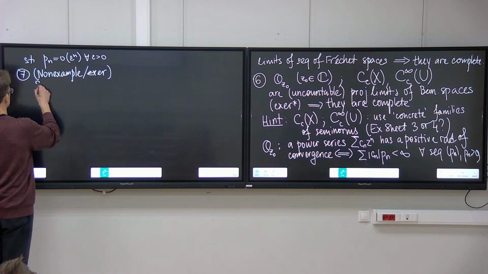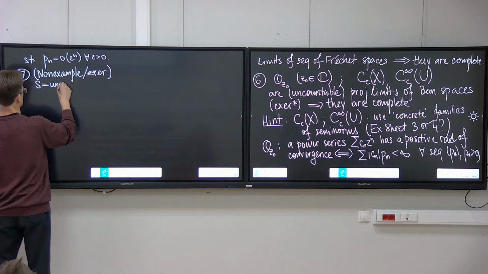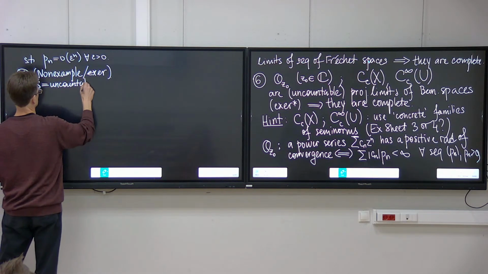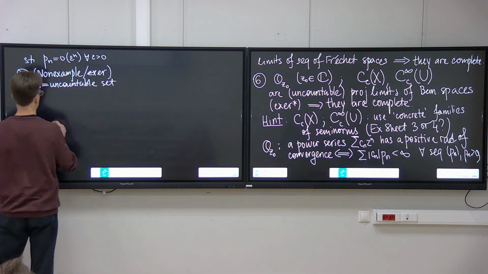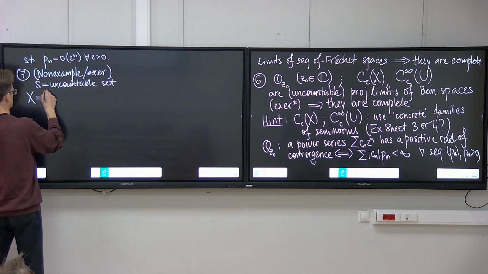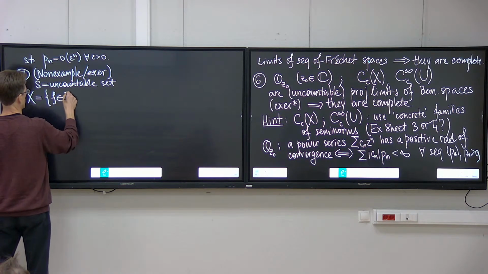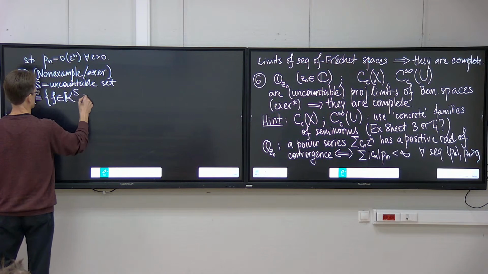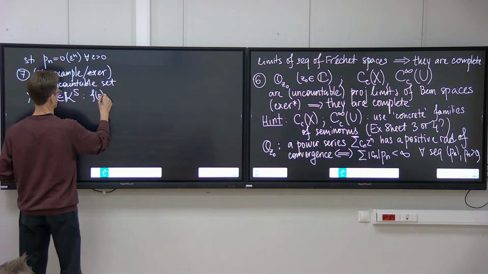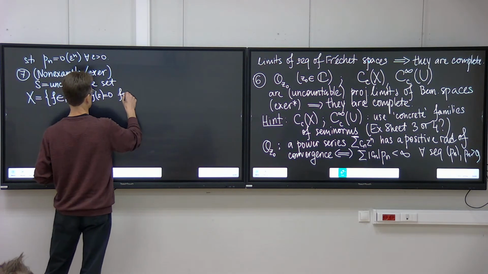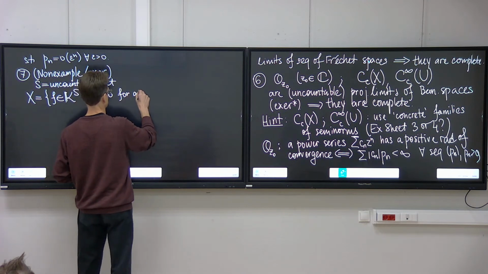So we take an arbitrary uncountable set S, and we let X be the space of functions on S such that f of s is 0 for all but countably many points.